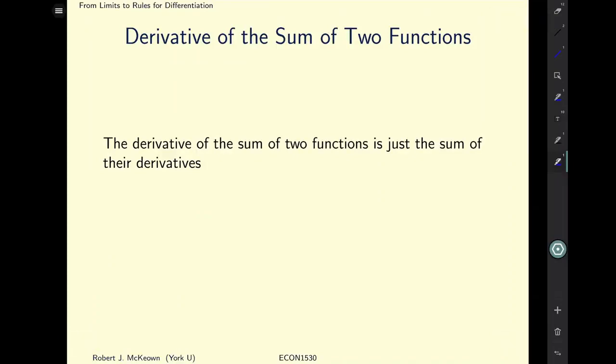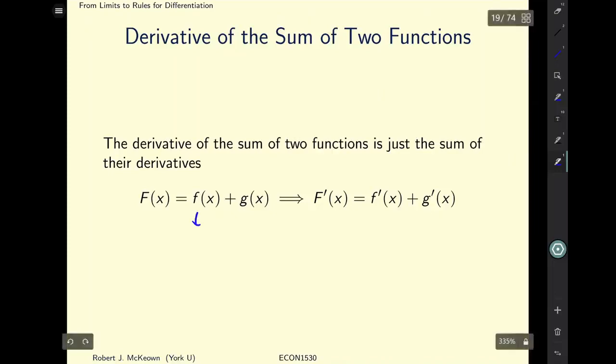And the next slide summarizes in words, in plain English, the derivative of the sum of two functions is just the sum of their derivatives. And there it is, written, very, very formally. It's right in the slides. So there's the rule. So you can treat each term separately when you're adding two terms, right? This is a term, and this is a term. If we have 2 plus 3, 2 is a term, 3 is a term.